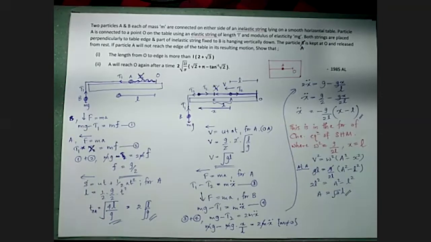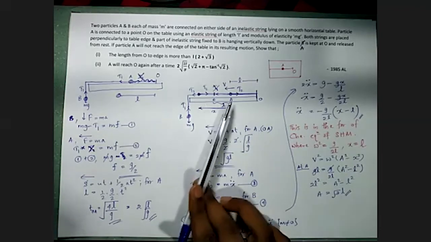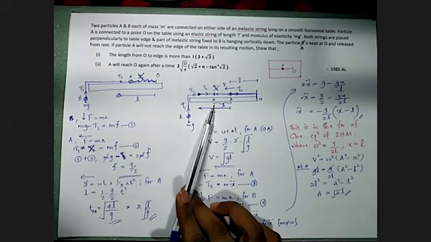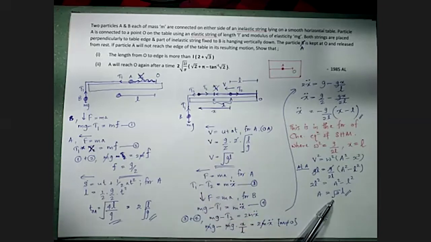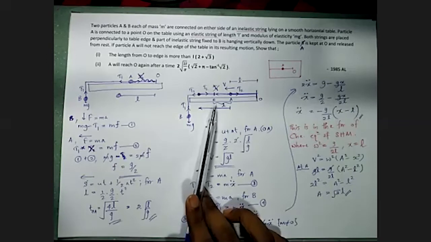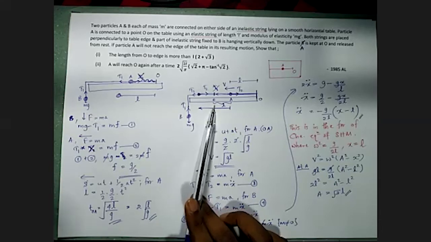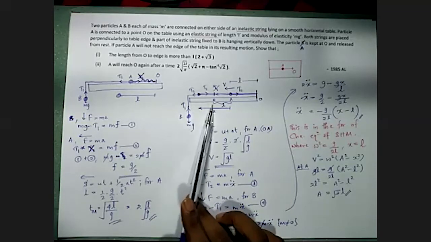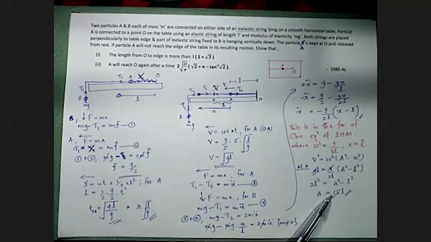Amplitude is root 3L. That means this particle A will move another root 3L distance away from the center, point C. Amplitude is the maximum distance moved by a particle away from its center. So that is root 3L.